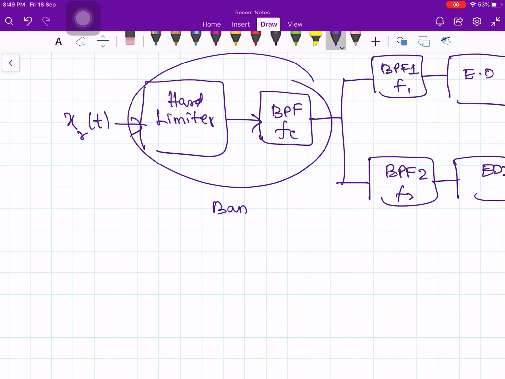Otherwise people will never go for frequency modulation. So in frequency modulation, we get much better clarity against noise. That clarity is obtained because of this band limiter. So the band limiter plays a vital role in your frequency demodulation. Without your band limiter, you cannot achieve those advantages.